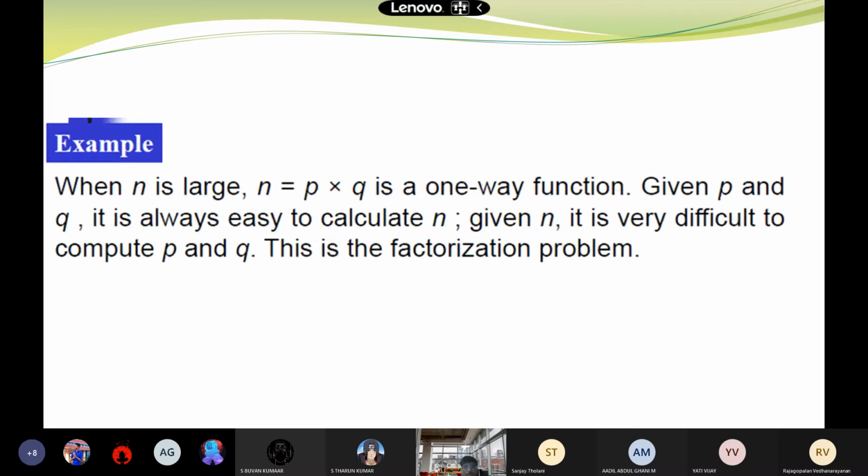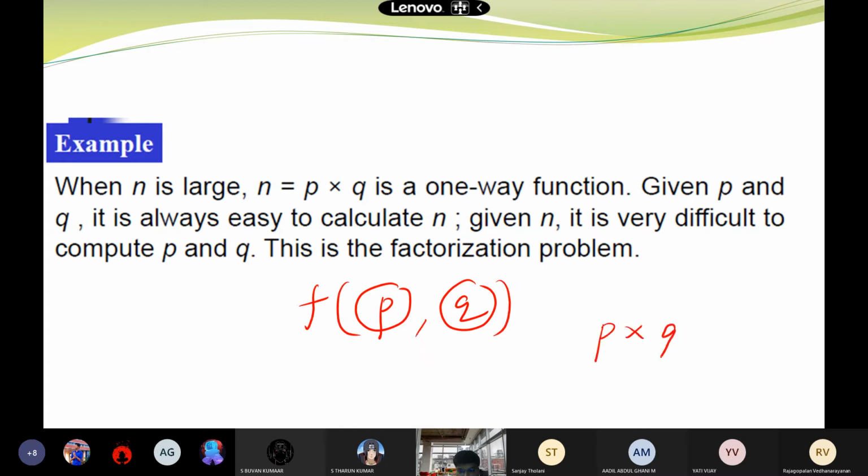So how are we going to do this? We are going to take two prime numbers, p and q. Ideally, for RSA, they choose two large prime numbers. So what is Bob going to do? Bob is going to choose two large prime numbers and apply a function over them. The function is simply to multiply these two prime numbers, right?